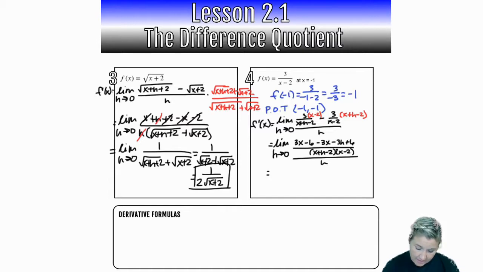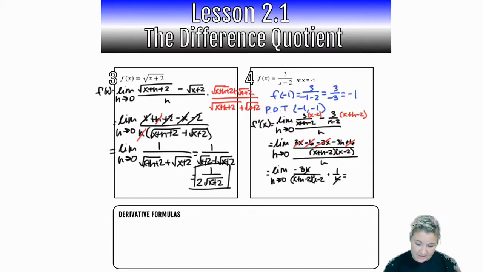And so now I'm going to have the limit as h approaches 0. So kind of doing some simplifying here. And then I'm going to pull out the denominator. So then this is going to divide out.